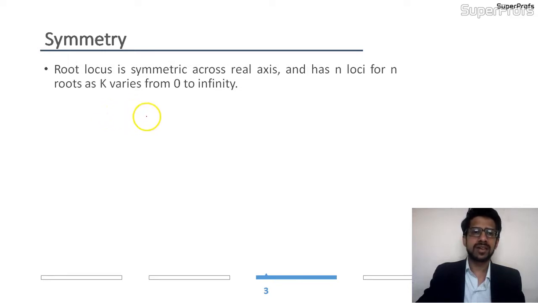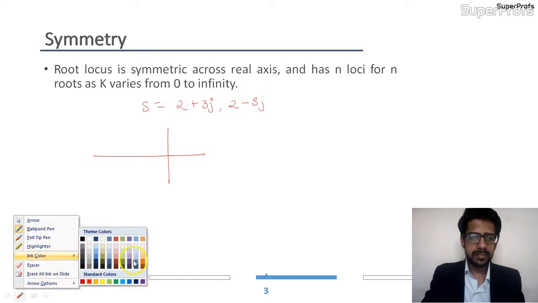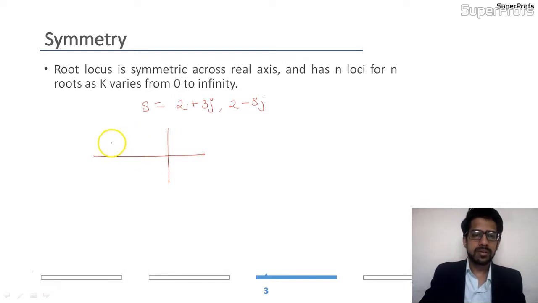So if you have a root s is equal to 2 plus 3j, you will also have another root 2 minus 3j, and that is why for a particular S-plane, let me use another color, a particular root locus in the upper half of the S-plane is like this.